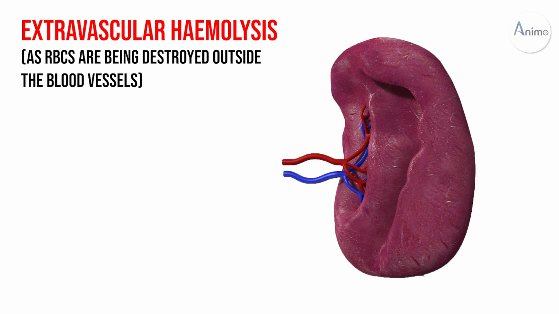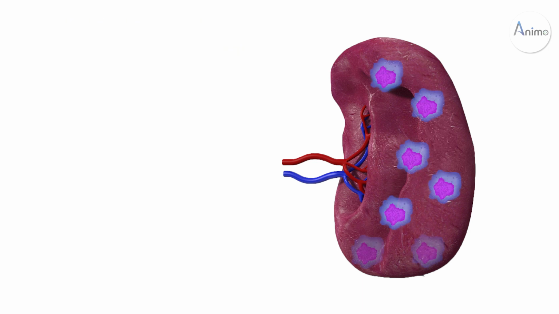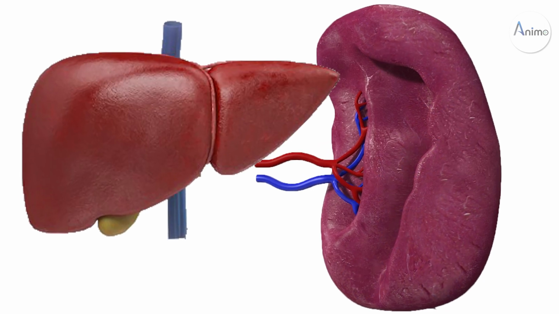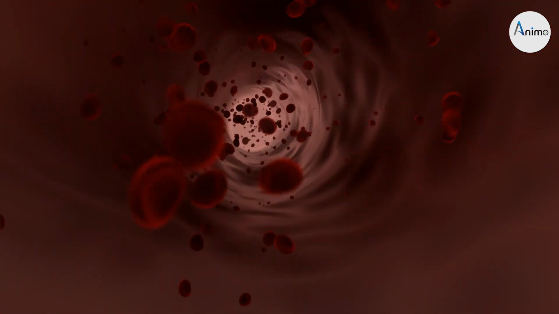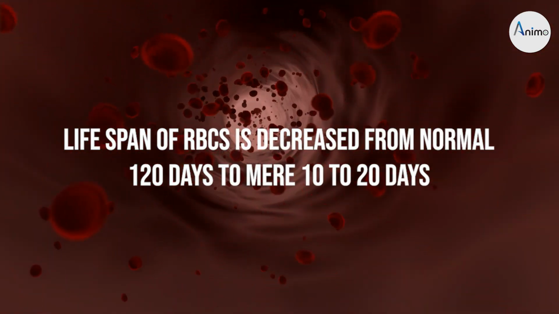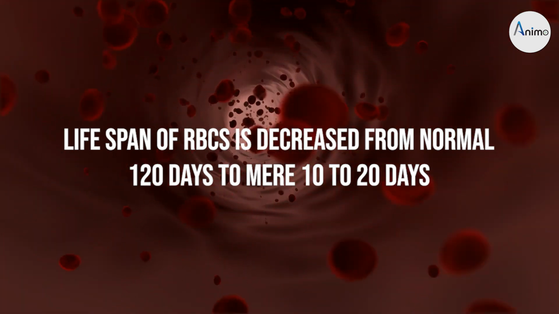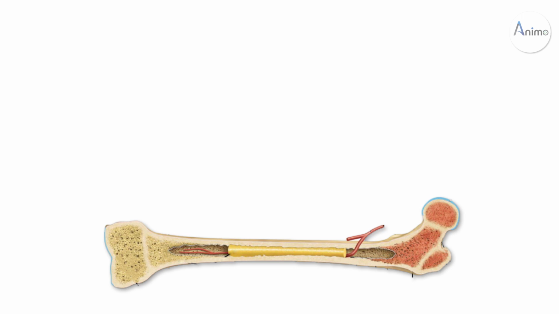So it is extravascular hemolysis, and the accumulation of phagocytes and the iron released from these rupturing spherocytes causes an increase in size of the liver and spleen, resulting in hepatosplenomegaly, and the lifespan of normal RBCs is reduced from 120 days to a mere 10 to 20 days. So the patient shows anemia. Also, in response to that, the bone marrow tries to form an increased number of RBCs, and it releases a large number of reticulocytes into the blood circulation, which causes reticulocytosis in peripheral blood.